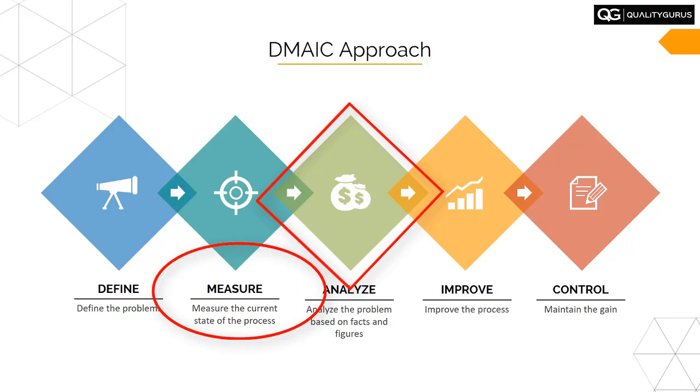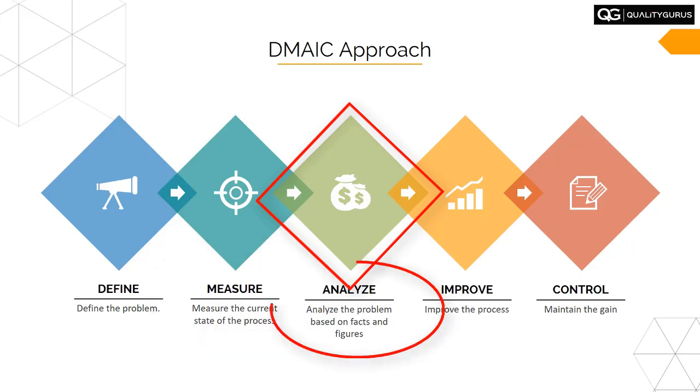Once you have defined the problem, then you go for measurement phase. In measurement phase, you will take number of measurement. You will find out the time, how much time it takes. You take few samples, and based on that, you might find out that in 20% cases, your pizza delivery is more than 30 minutes. So that's your measurement phase.